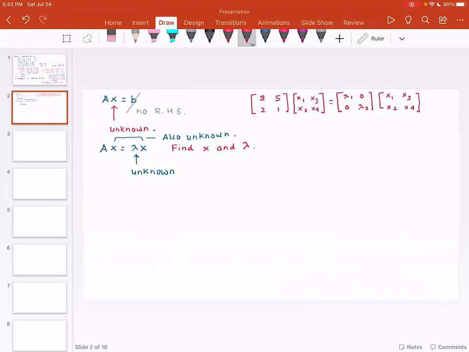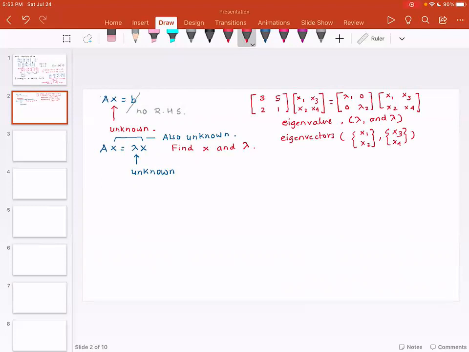So probably you have seen this problem as something called the eigenvalue problem. So this is called eigenvalue, which are lambdas, and eigenvectors, which are pairs x1, x2, corresponding to first lambda 1, x3, x4, corresponding to second eigenvalue, which is lambda 2.